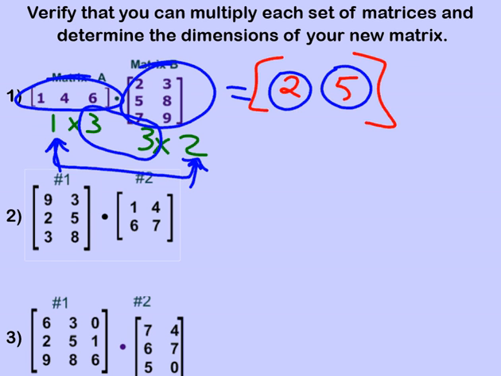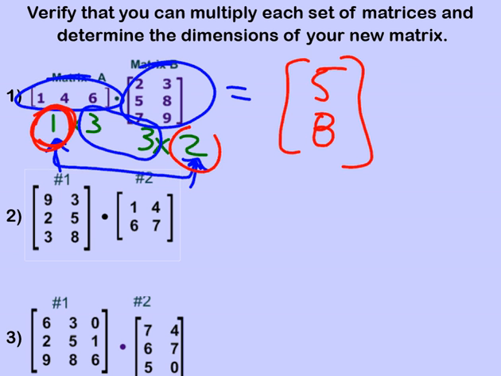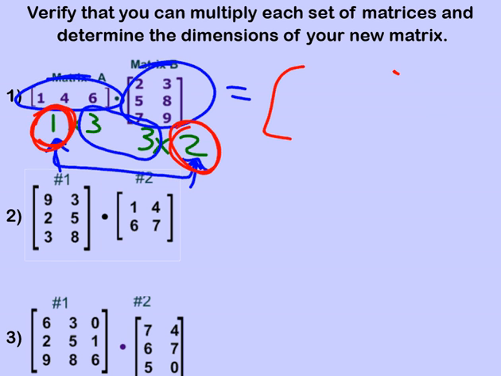What I mean is, as opposed to 1 by 2, I could easily see somebody goofing up and thinking the answer would look like a number here and a number here. But that would be a 2 by 1. How do I know it's not that way? Because it says right here that it's a 1 by 2. Okay? All right, so this guy will be a 1 by 2.